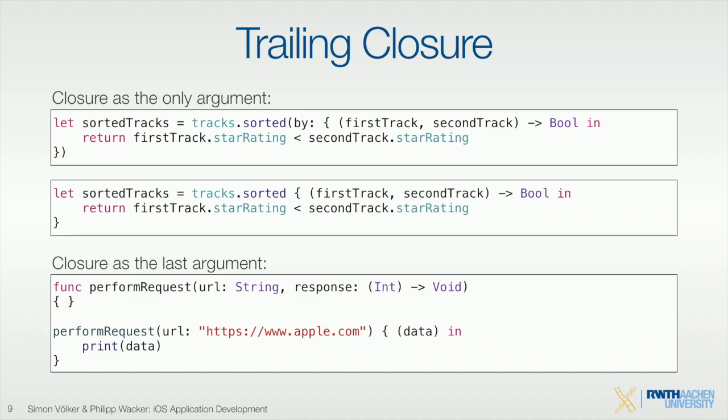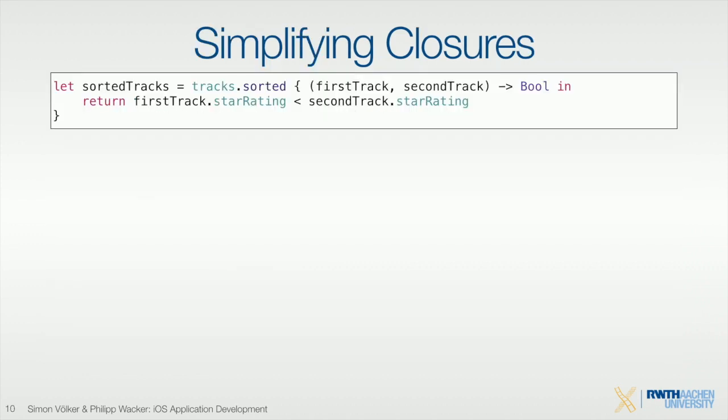And when you're using closures, there are also a couple of ways how you can simplify them. So again, let's look at the sorted method. There are a couple of ways, I think it's called syntactic sugar, that you can do to make it even shorter. And when you know the code, it makes it simpler to read. But in the beginning, I would advise to stick to the longer notation.